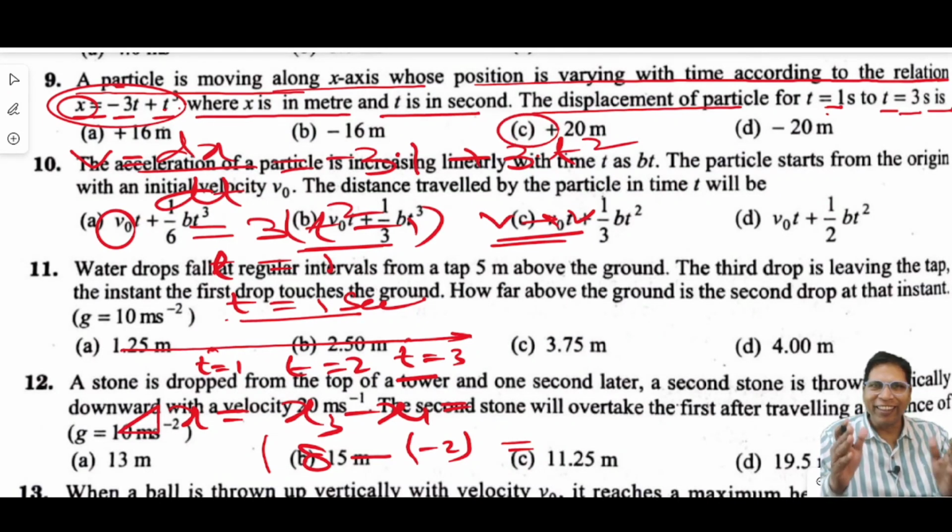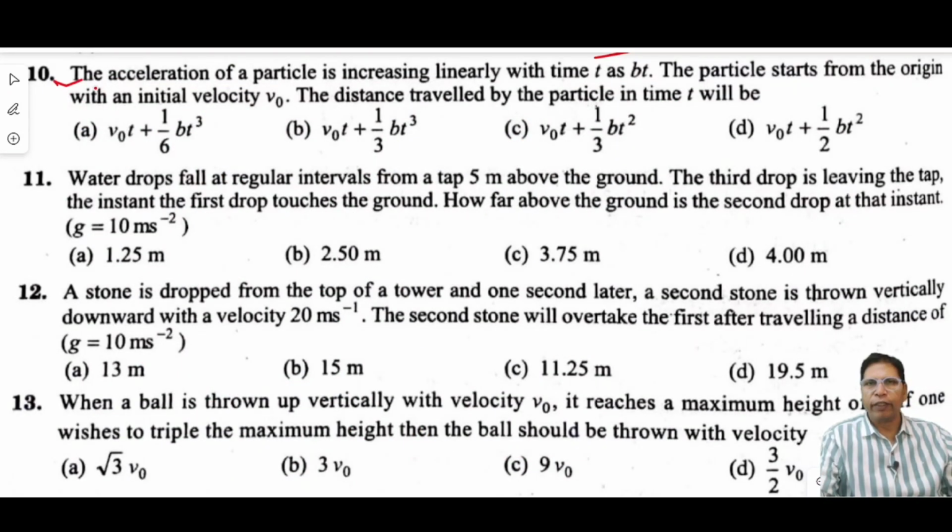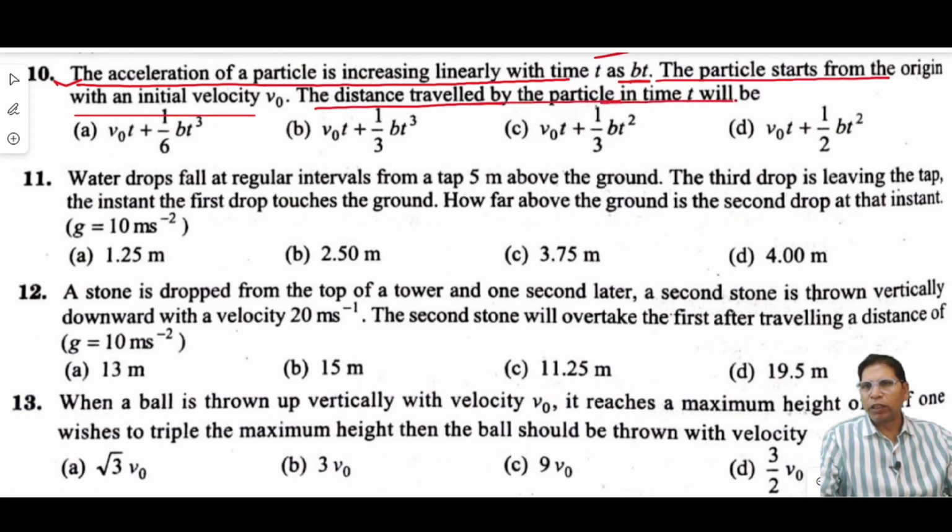Okay, understood. Next, question number 10. The acceleration of a particle increasing linearly with time t is bt. The particle starts from origin with initial velocity v naught. The distance traveled by the particle in time t. First of all, we have to identify the boundary condition, that is the initial condition.